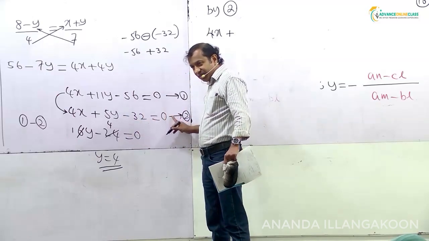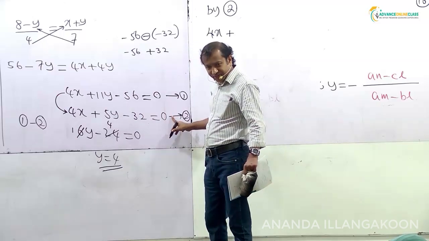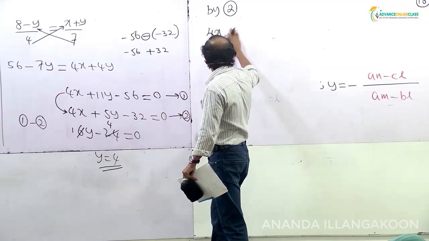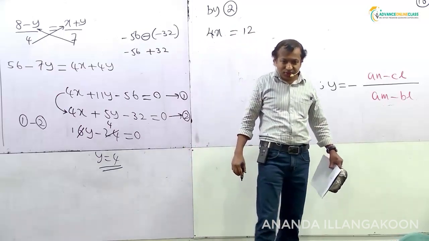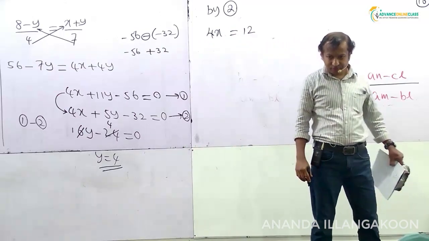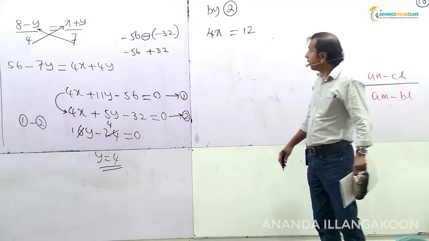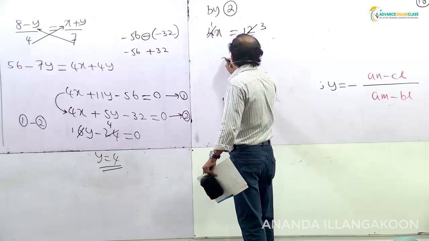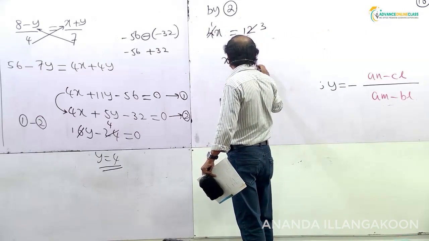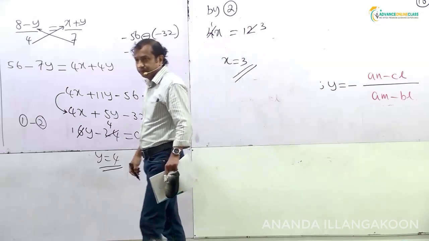Take that to the right-hand side, plus 12. We'll write that. No steps are required in AL. This way you must be able to simplify. Now cancel down both sides by 4. What do you get? x equals 3. This is how we take the answer.